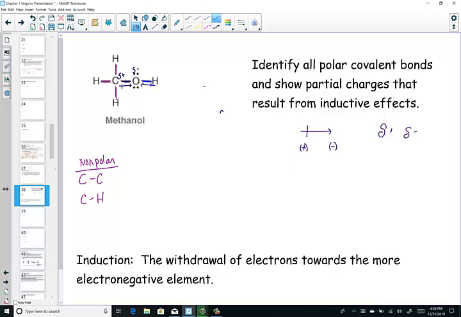The oxygen, again, more electronegative, is pulling the electron density towards itself, leaving the partial positive charge on the hydrogen as well. So that induction, the withdrawal of electrons towards the more electronegative element, is shown either with these partial positive or partial negative signs or with the polarity bond arrow.